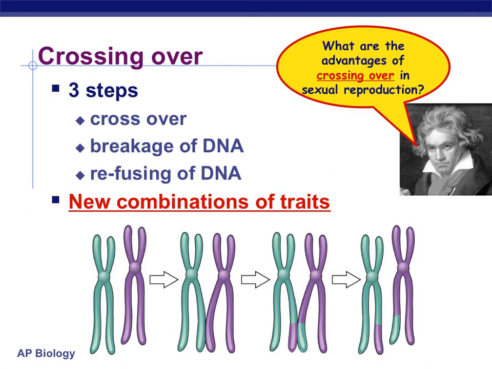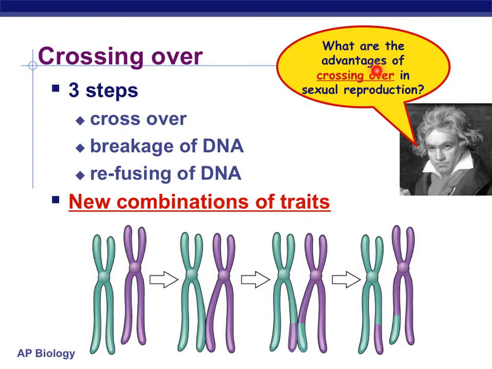Without getting into a lot of detail on the steps, just by looking at the models here, the arms of the homologous chromosomes make contact, and there can be a breaking off point. What that does is form new combinations of traits.